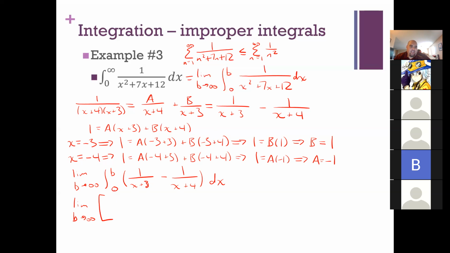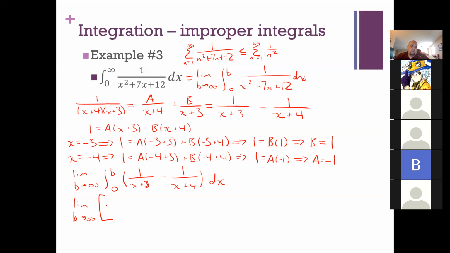All right, back to this. What is the antiderivative of these two rational functions that I ended up with? Yeah, I got votes for natural logs.